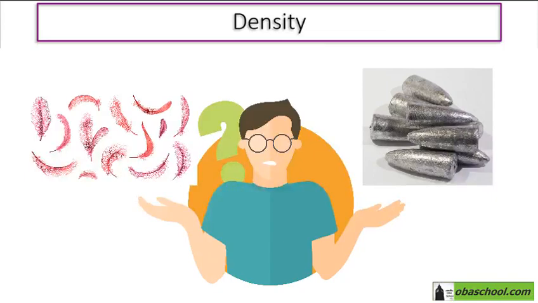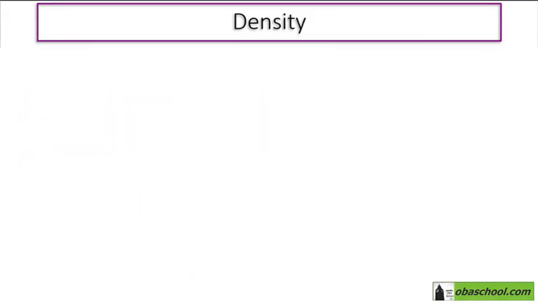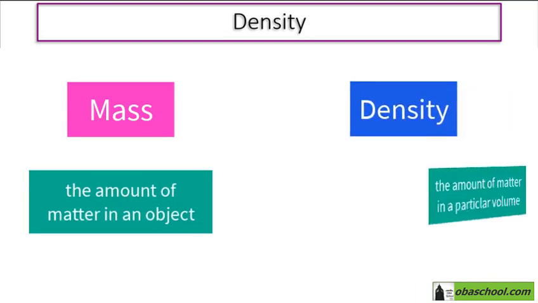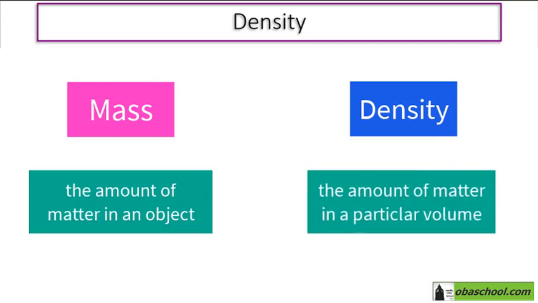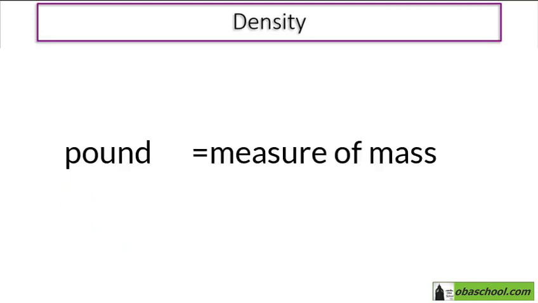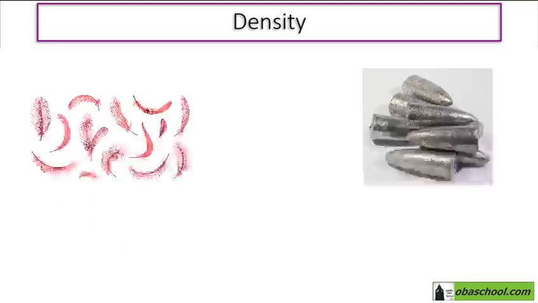People only fall for this if they confuse two different ideas: mass, which is the amount of matter in an object, and density, which is the amount of matter in a particular volume. A pound, like a kilogram, is a measure of mass. So, a pound of feathers is equal to a pound of lead.